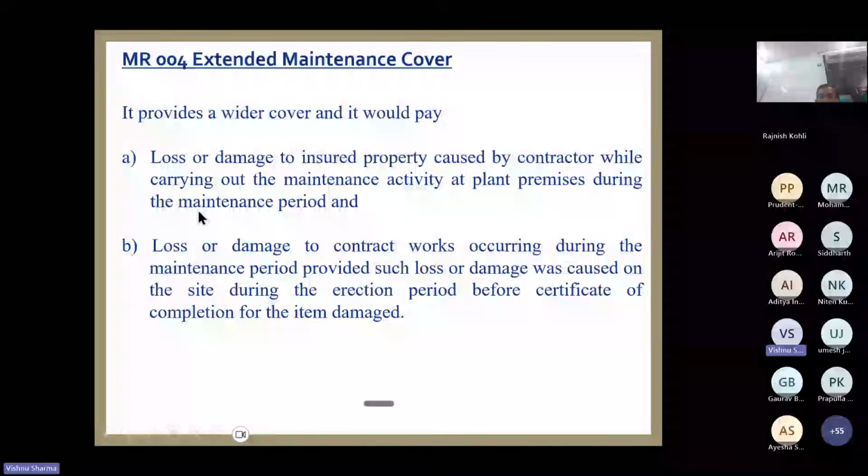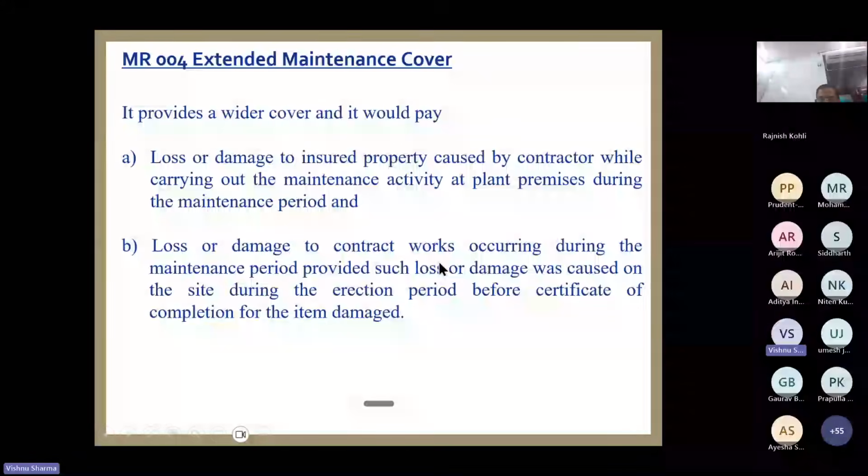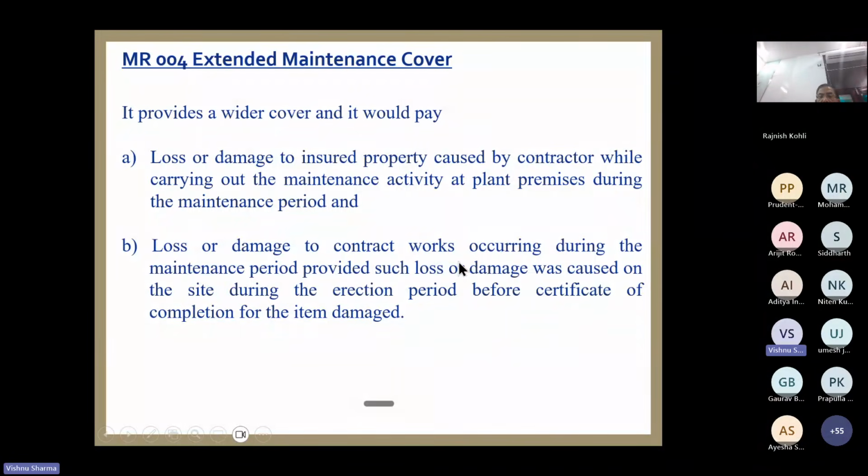So part A is already limited maintenance while carrying out the maintenance activity. इसके अलावा additional thing is any loss or damage to the contract works occurring during the maintenance period. The loss is discovered at the time of maintenance, during the maintenance period, nothing to do with while carrying out the maintenance. The loss is simply observed. Like, for example, there are cracks in a machinery outer casing.